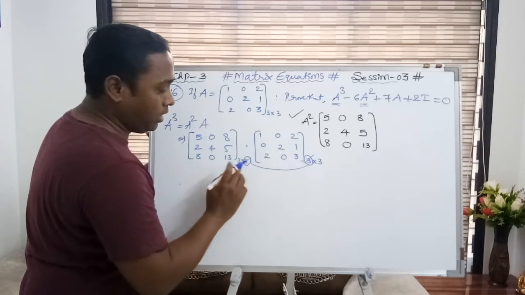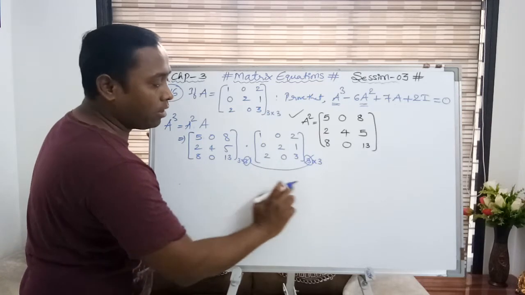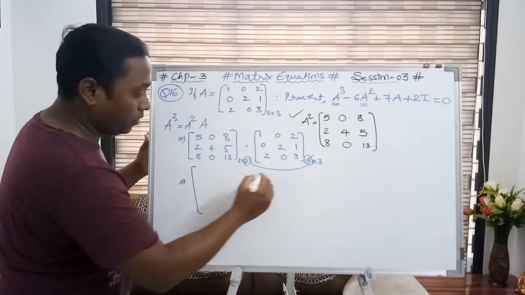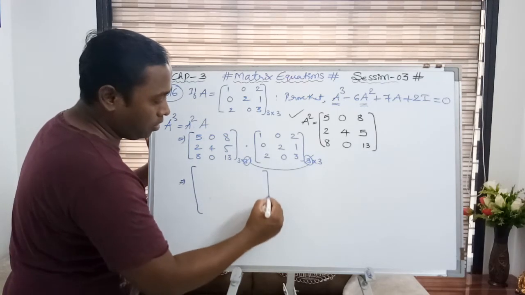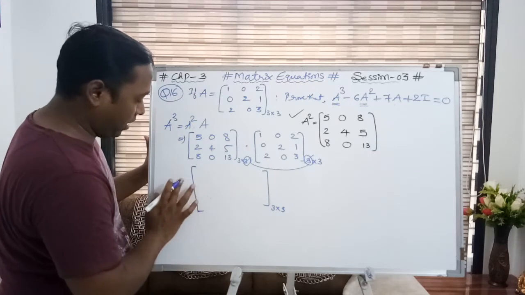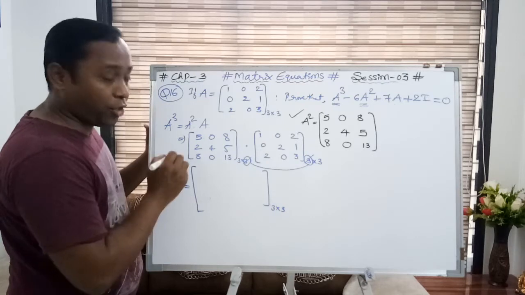Hence the resultant matrix order would be 3 by 3, 3 rows and 3 columns, which will be A cube.